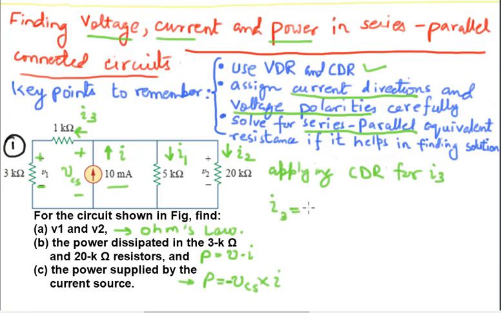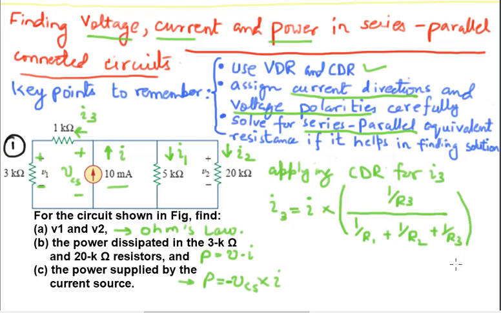I3 equals the total current I times, in the numerator you are going to write 1 over R3, and in the denominator you are going to write 1 over R1 plus 1 over R2 plus 1 over R3, and this whole thing is a factor. Now if you want to quickly look into this, it's quite simple.